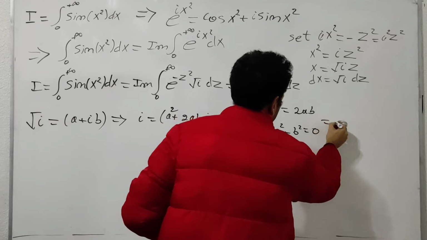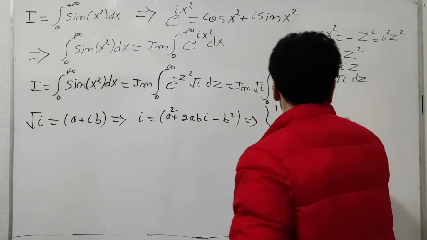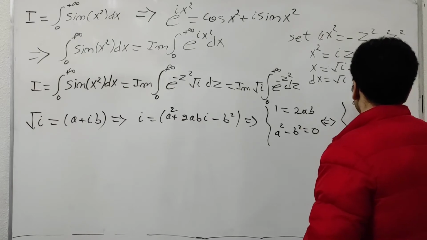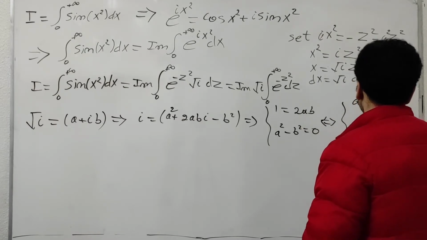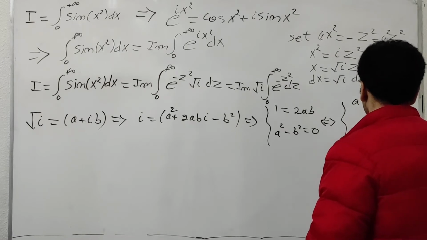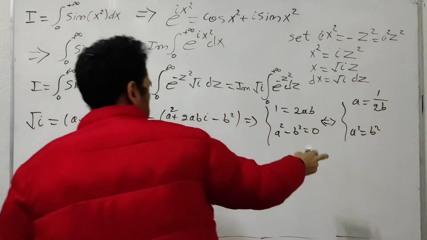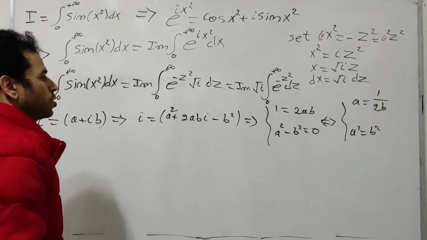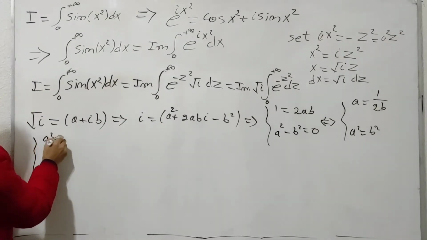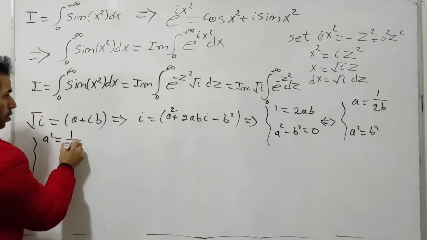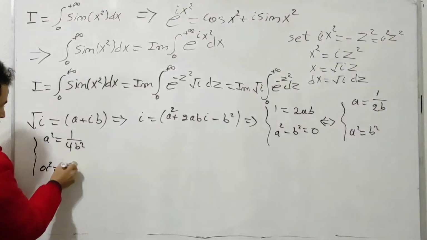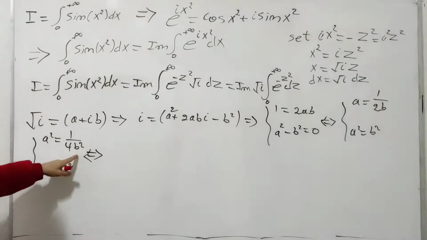Okay, so I'm going to solve this equation system. Here I will get a equal to 1 divided by 2b. Here I will get a squared equal to b squared. I'm going to replace one of these equations into the other. So in this equation, I will get a squared equal to 1 over 4b squared. In the second equation, I have a squared equal to b squared. Equivalently, I'm going to replace b squared with its value.